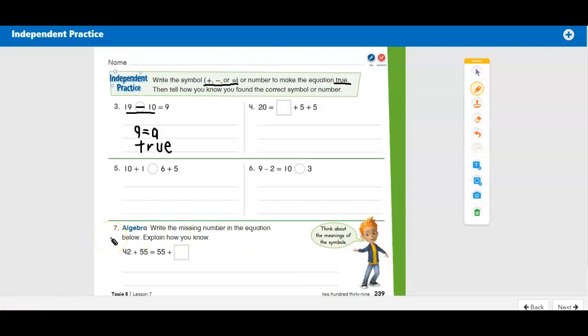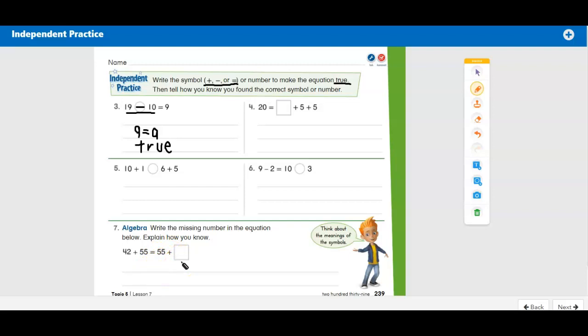On number 7, we have to pay extra close attention. Number 7 says, write the missing number in the equation below. Our friend says, think about the meanings of the symbols. So in this equation, we see 42 plus 55 equals 55 plus blank.